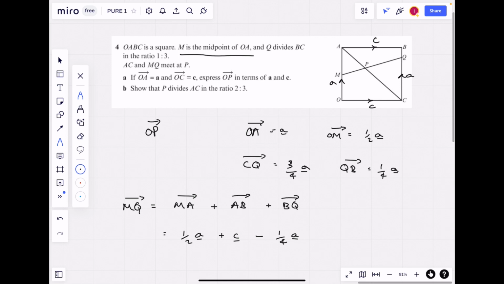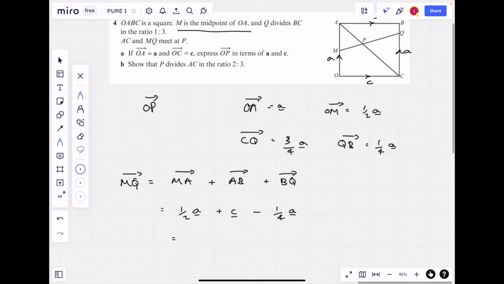QB is a quarter A, BQ is going to be minus that. When we simplify that, a half A minus a quarter A is just a quarter A plus C. Cool. That is MQ done.